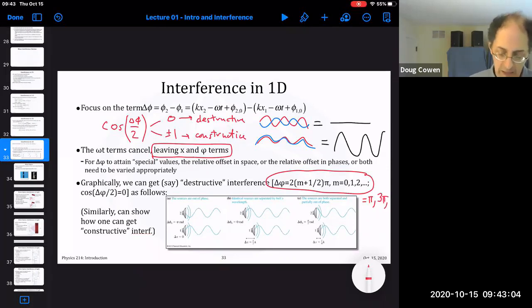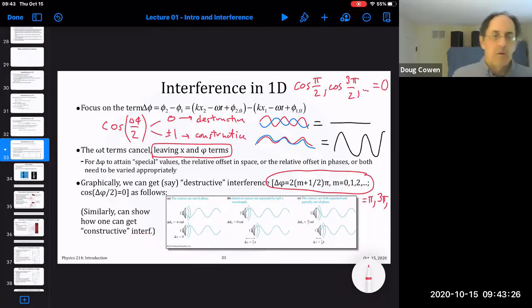If I take pi, 3 pi, all these values, and put them into the cosine delta phi over 2 term, then I get cosine of pi over 2, cosine of 3 pi over 2, and these are all equal to 0. So whenever delta phi is equal to 2 times m plus 1/2 pi, where m is equal to 0, 1, 2, etc., then cosine delta phi over 2 is equal to 0.